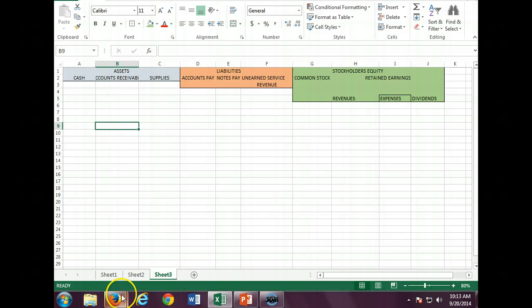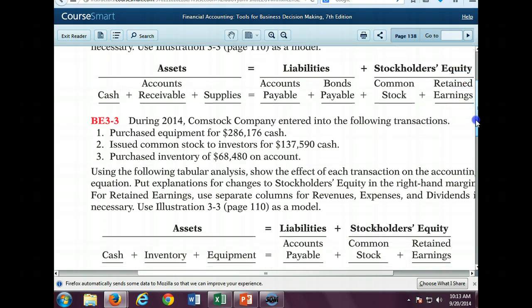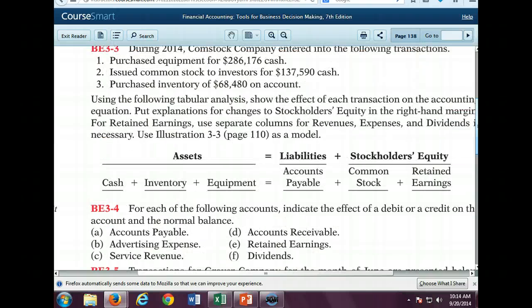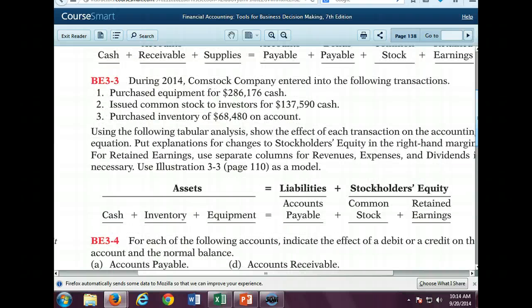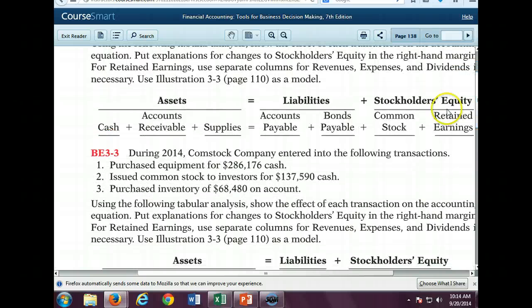So, we go back here and it says, okay, so we have this in here, common stock.